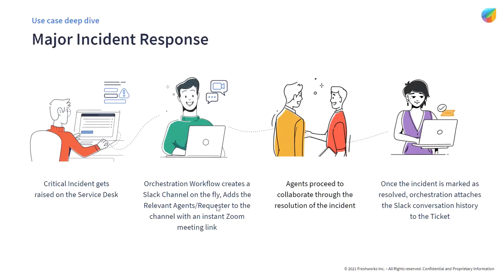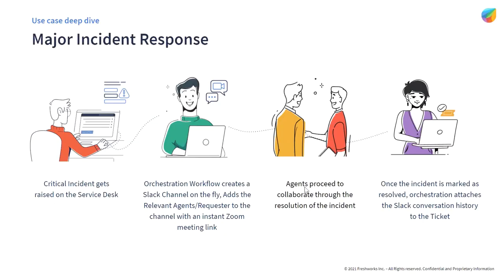All of that's possible. We're also going to create an instant Zoom meeting and post the join URL for that Zoom meeting into that Slack channel. So an incident gets created, we create a Slack channel on the fly, add the relevant people to it, and post the instant Zoom meeting link into that same channel.